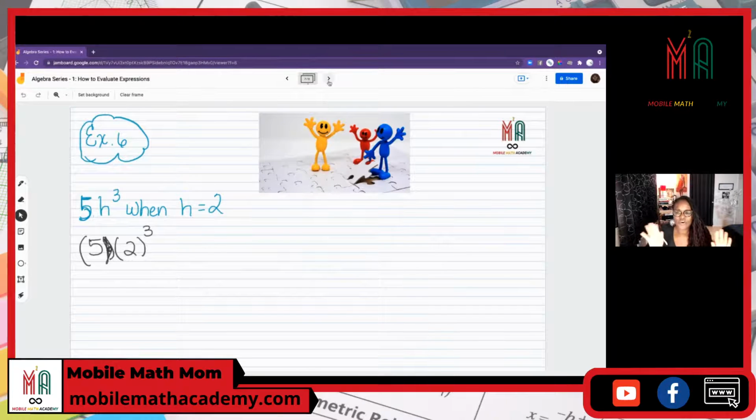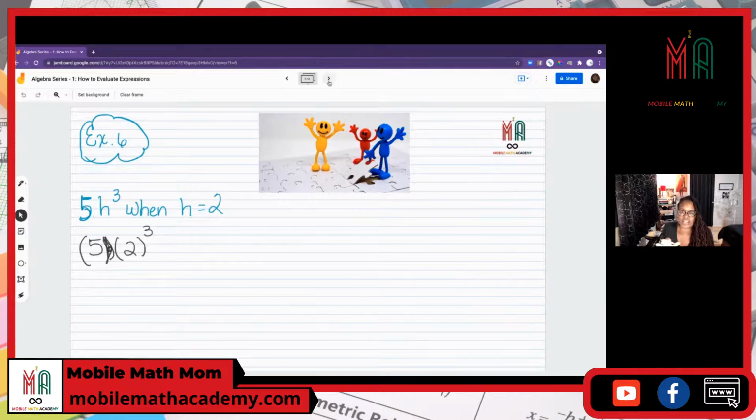Well, order of operations, and this is just like a little segue into what we're going to be doing in the next lesson. Order of operations: parentheses, exponents, multiplication, division, addition, and subtraction. And we'll talk about that later. So exponents are first.